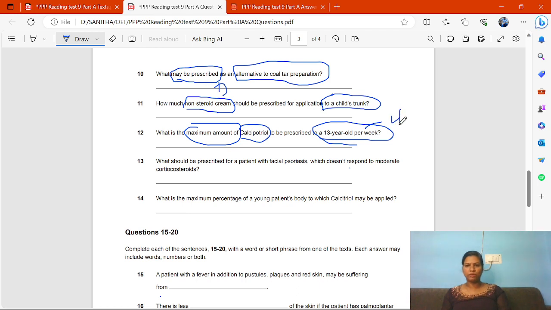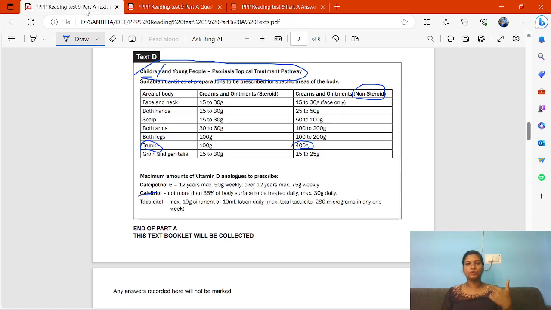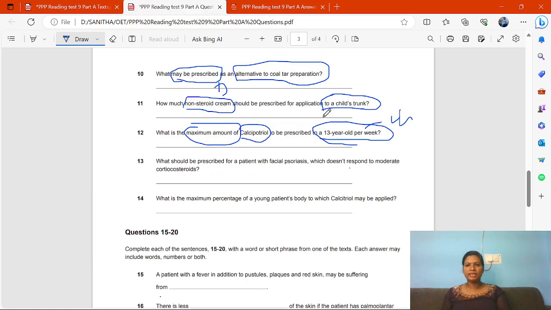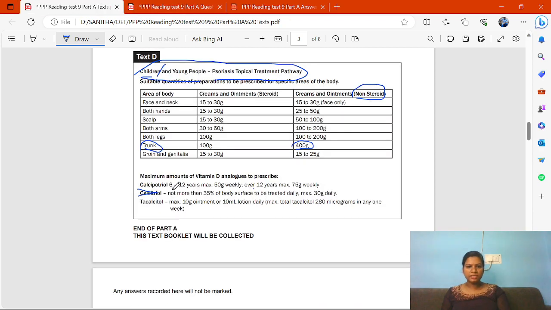Usually test B talks about adult preparations and test D talks about children and young people. So go to the last part, where we got calcipotriol. Children's ages and weights are given. For 13-year-old per week, here it is 6 to 12 years, maximum 50 gram.